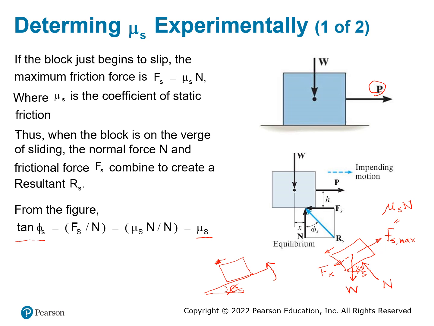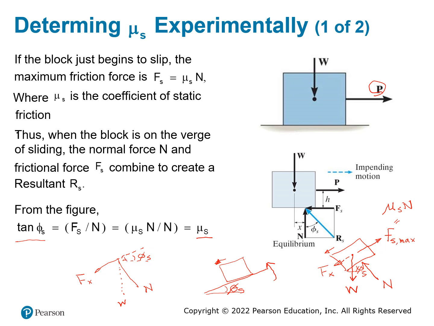Or let's make another drawing here to show you a better picture. This is the N, this is the F of x, and this is our weight. And this is the critical angle.